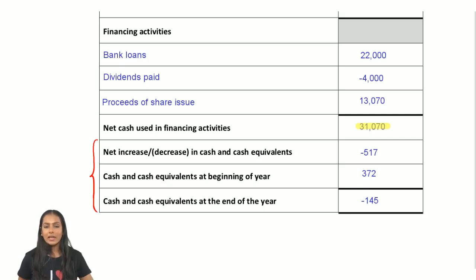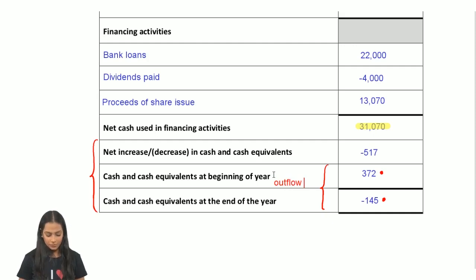Now we need to check if the cash reconciliation is successful. How do you get from 372 and end up with 145? To get from a positive 372 and end up with a negative 145, that means it will be an overall outflow. An outflow of how much, ladies and gentlemen?